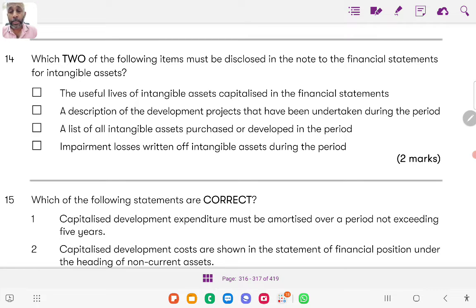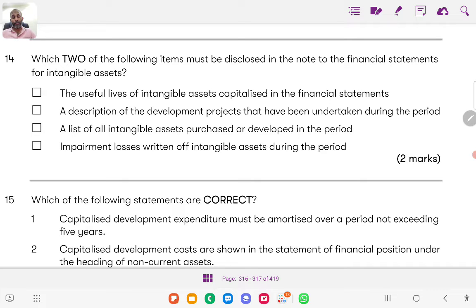The second one, description of the development projects that have been undertaken during the period. It is not compulsory that we disclose this as part of IAS 38, so that is not a disclosure requirement. Answer number 3, a list of all intangible assets purchased or developed in the period. Again, you don't need to put down the full list item by item on a line by line basis in our financial statements.